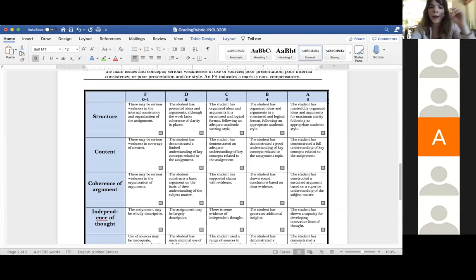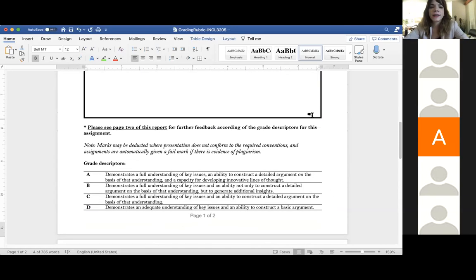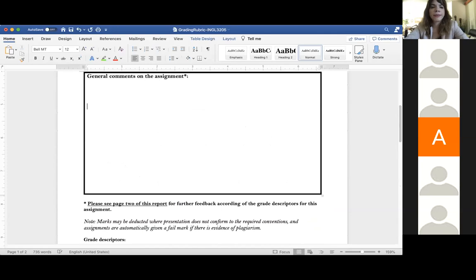In a thesis statement, you have your main idea followed by arguments. So it's basically your stance or your topic, stance es tu opinión, pero not really. It's your informed opinion with evidence.